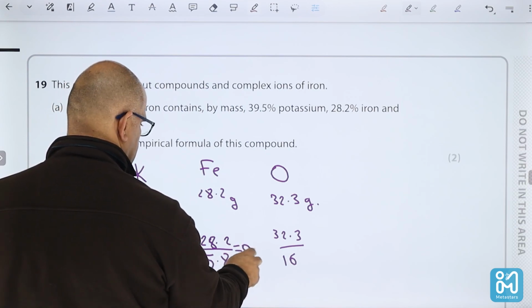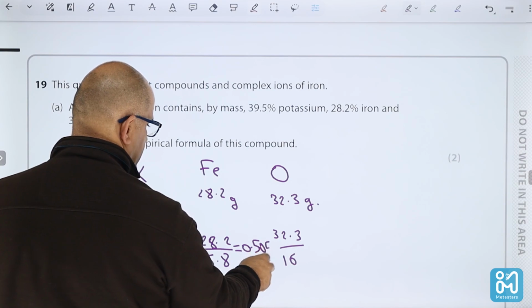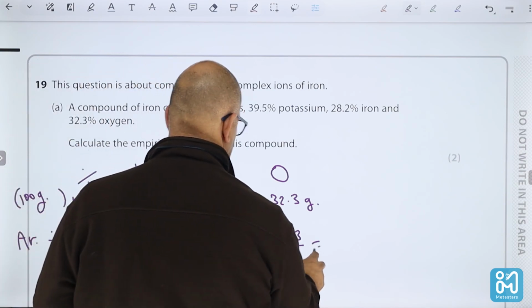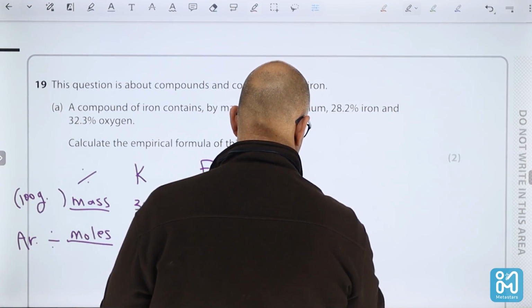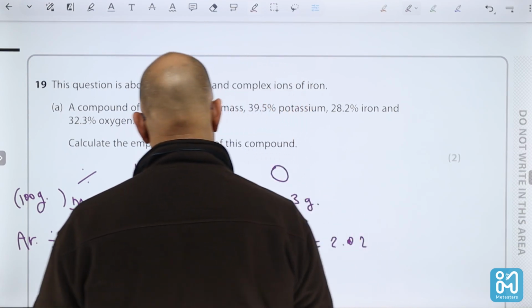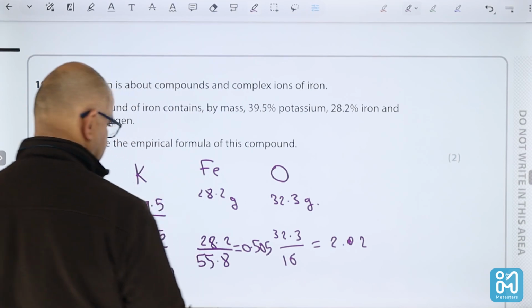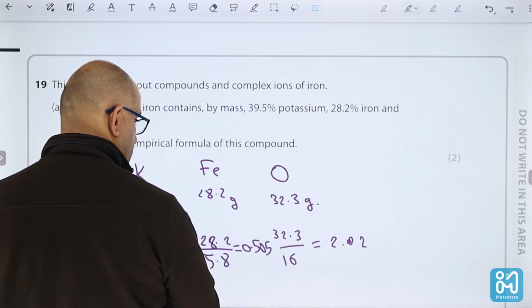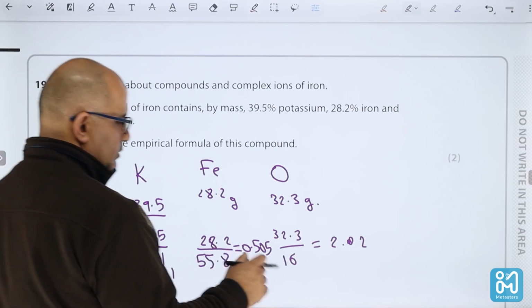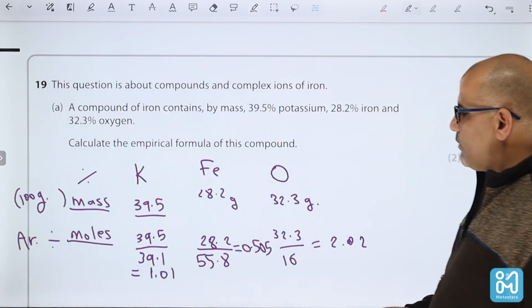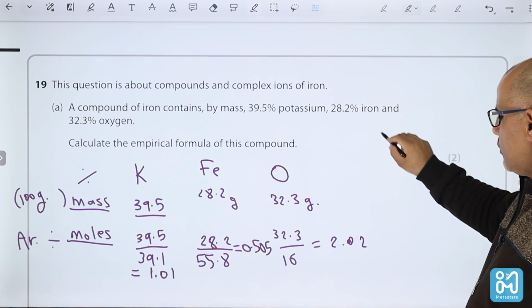So this equals 0.505 moles. And for oxygen, it is 2.02. Now, you can find the ratio between these numbers by dividing over 0.505.